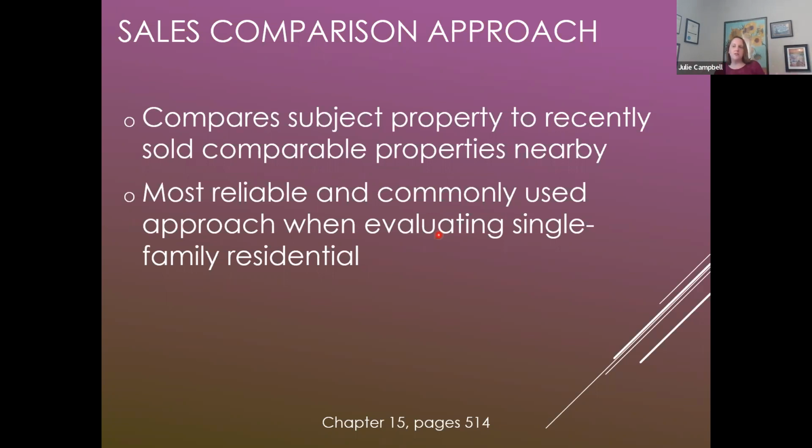By studying recently sold similar properties nearby, what we know is that a buyer not too long ago was willing to pay this price for that property. And we can use that as a basis to help us put a price on our subject property.